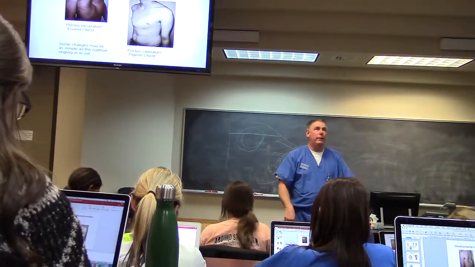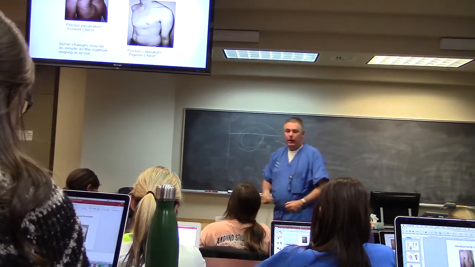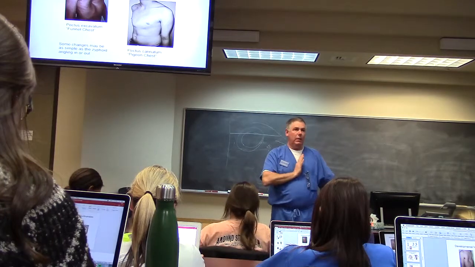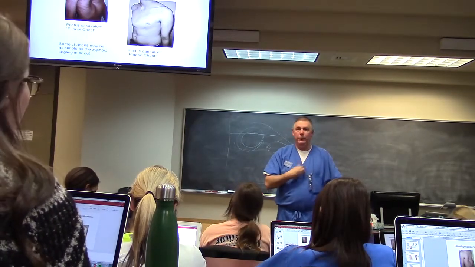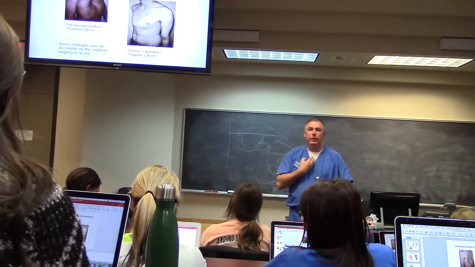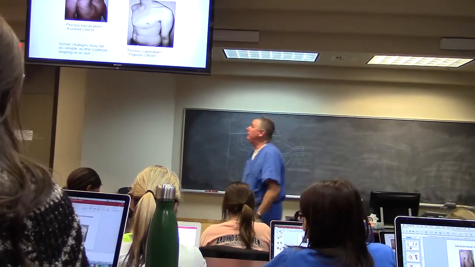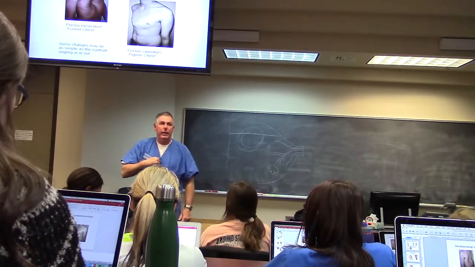The one on the right is pigeon chest. It's like a ridge, like the bone a bird has right here in the middle that you cut the breast off of. It feels like a ridge in your chest. The funnel chest over here feels like it's sunken in.